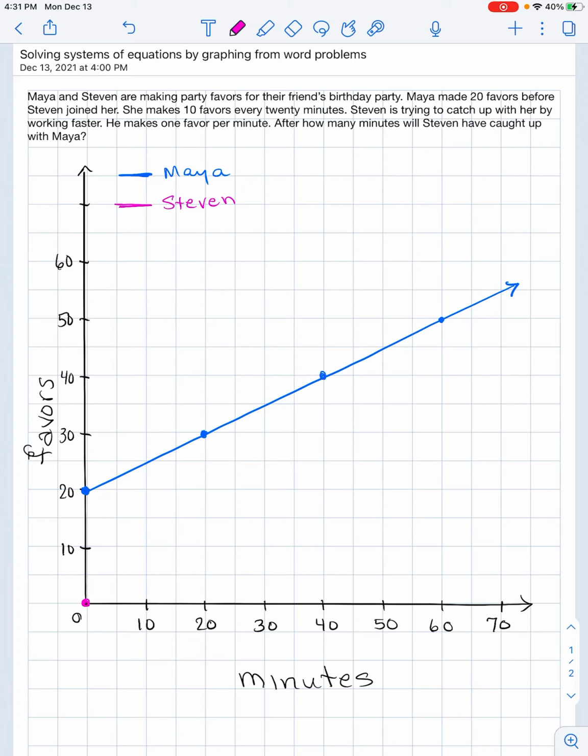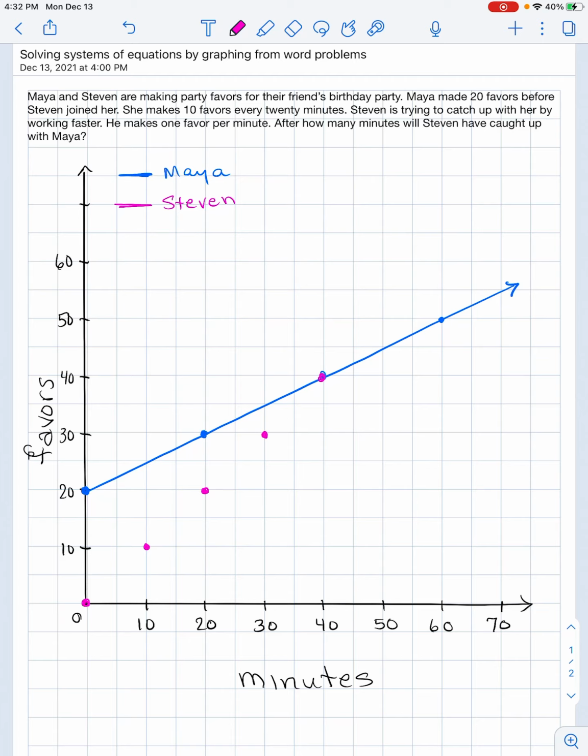Well, our graph is kind of sectioned off at 5, right? We label every 10, so we can use our hash marks of 10. If he makes 1 per minute, he makes 10 in 10 minutes. So that would be here. And 20 in 20 minutes, 30 in 30 minutes, and so on.